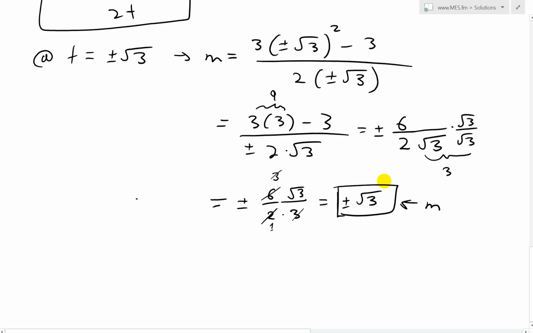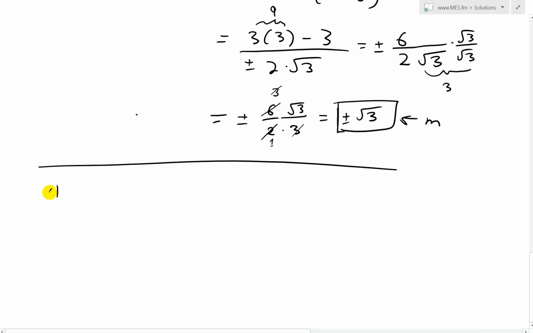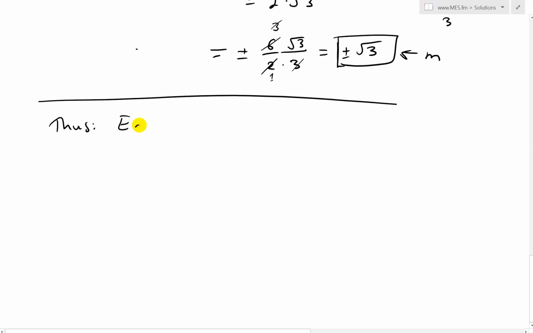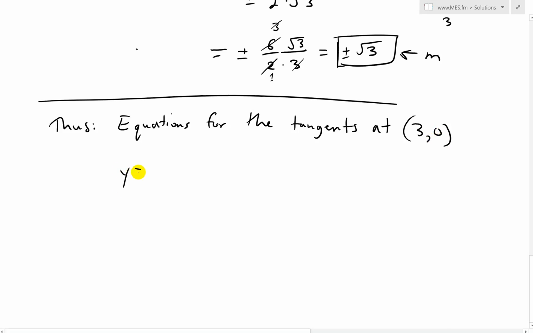So now we have two equations. Thus, the equations for the tangents at the point (3, 0) are y equals m, which is plus or minus square root 3, times x minus 3.